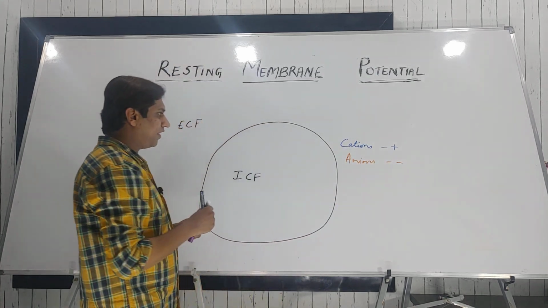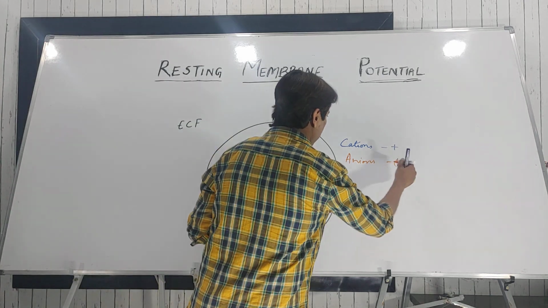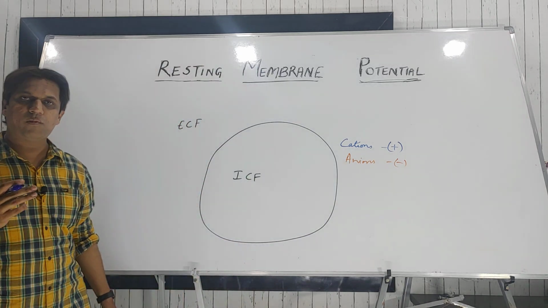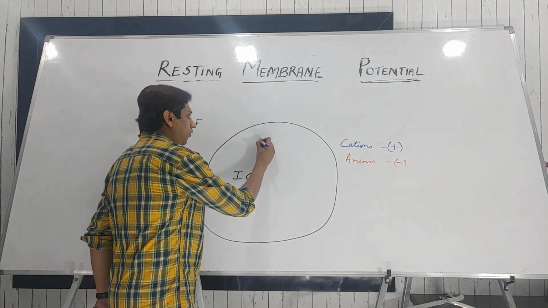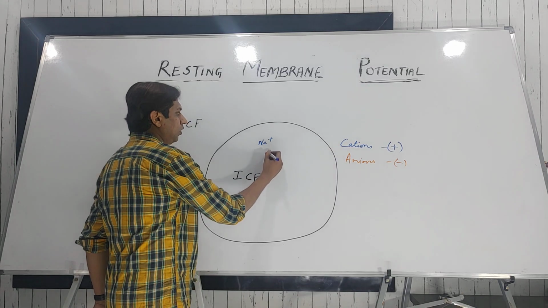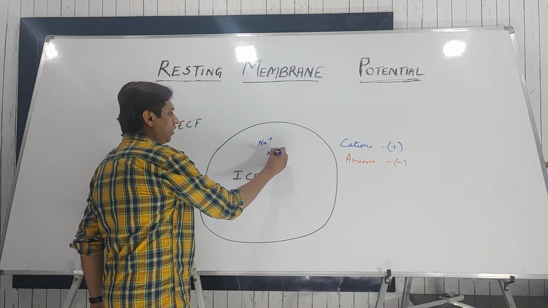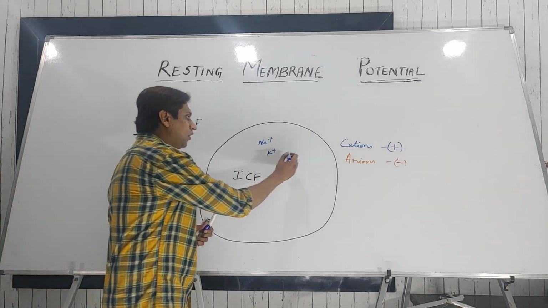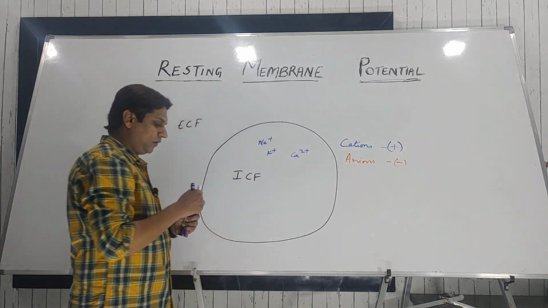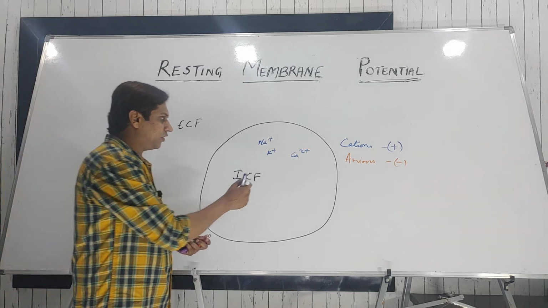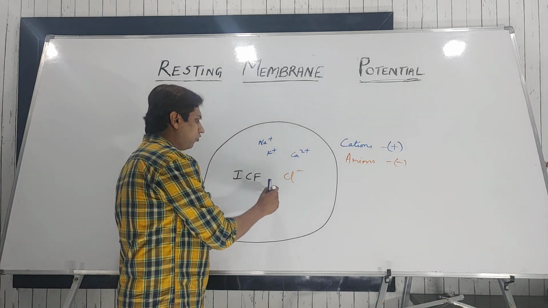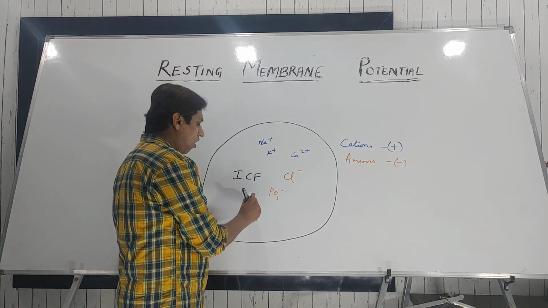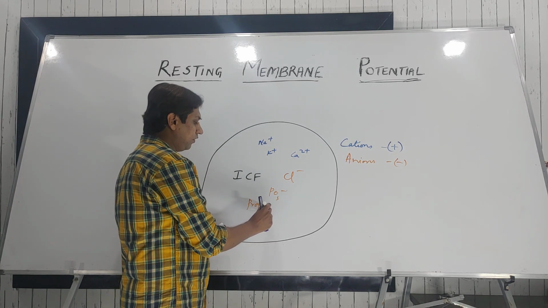Examples of cations, that is the positively charged, are sodium and potassium. Calcium will be 2 plus, its valency is 2 plus. Similarly, negatively charged ions like chloride and phosphates. Then we have organic negatively charged molecules inside the cell, proteins.